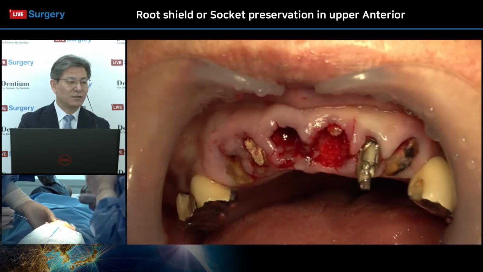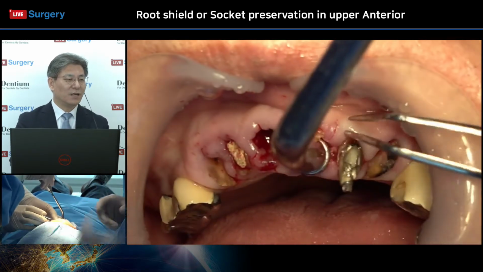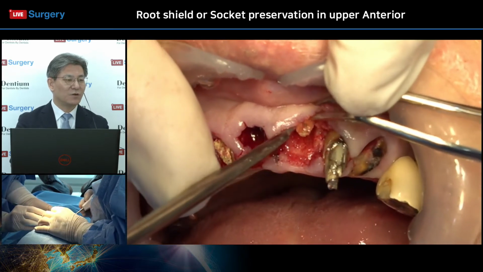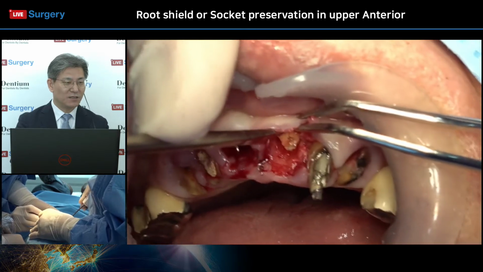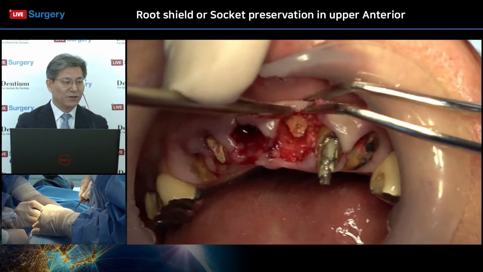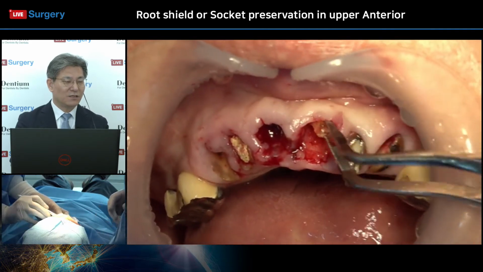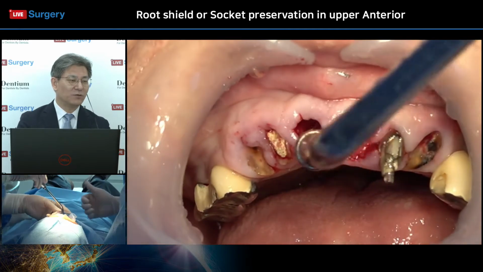Actually, another small fragment was removed, and the small pieces of root remnant still remain in the labial bone plate area, but Dr. Chung decided to remove all the remnant of the root.